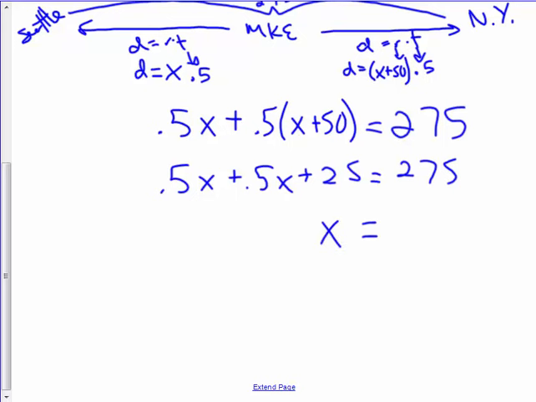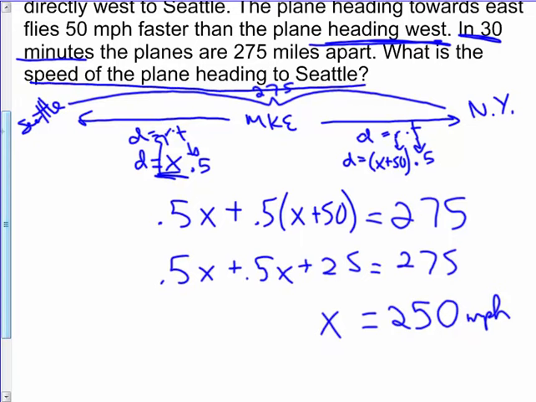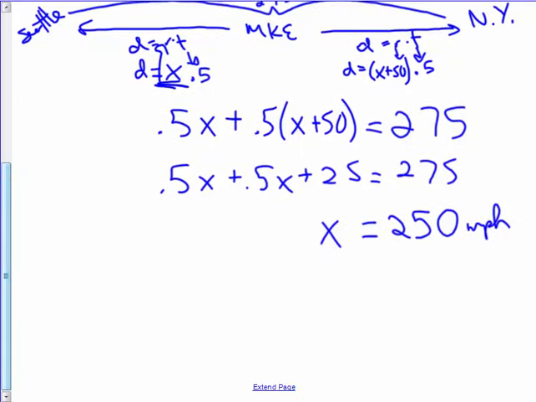So x is 250. Now, what units do we have again? It's a rate here, so it's 250 miles, that's the distance, and then we're in hours here, so miles per hour. I suppose you could do it in miles per second or feet per second, but again, I would suggest, since we have the mph, miles per hour, that's what we would use there.